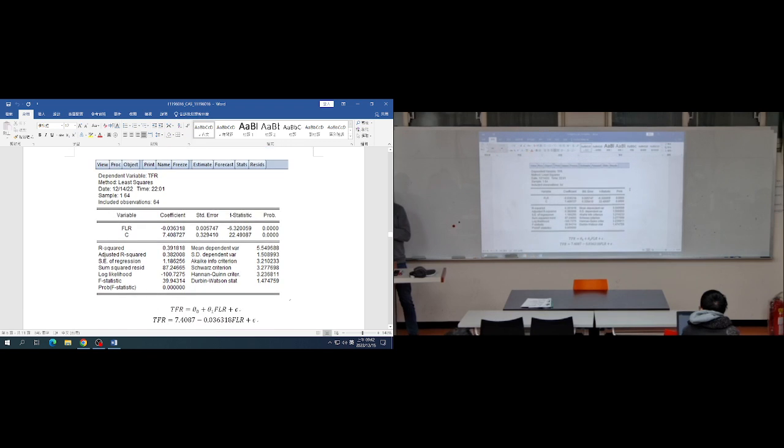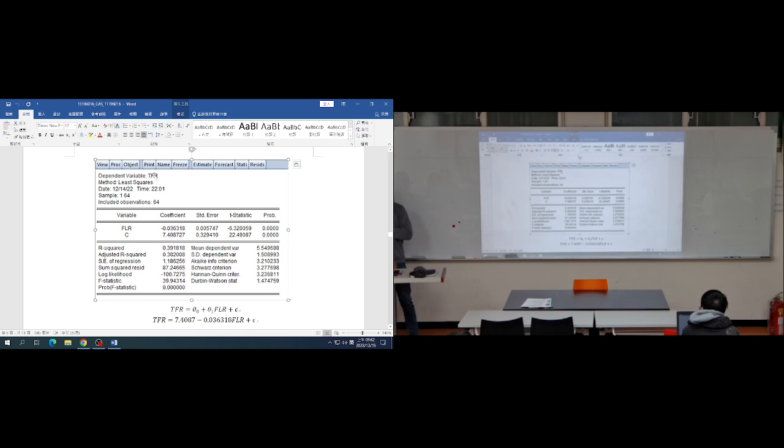Now we are going to try to calculate the expected bias. To do so, we have to take the coefficient of these two variables in relation with the variable we didn't omit, which is the fertility rate.